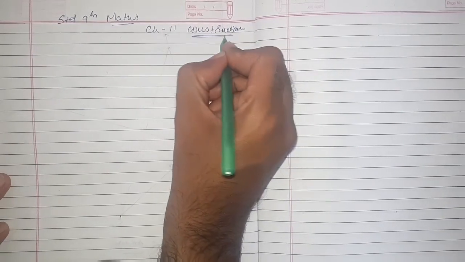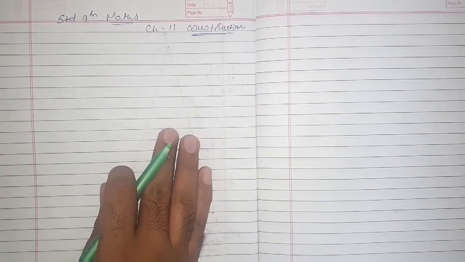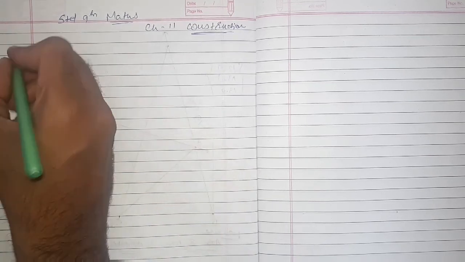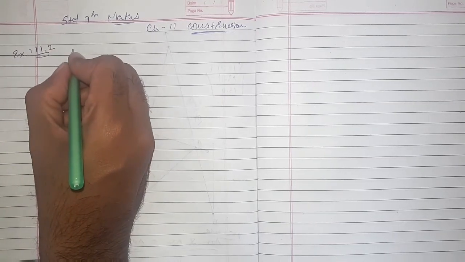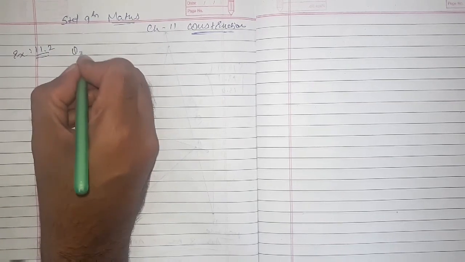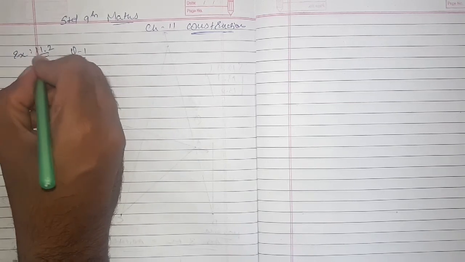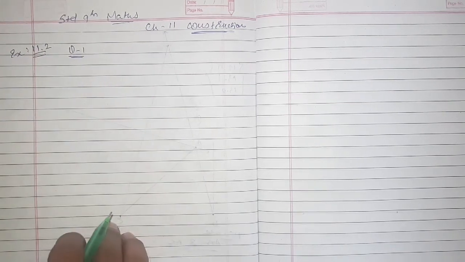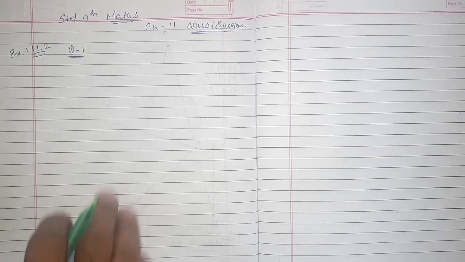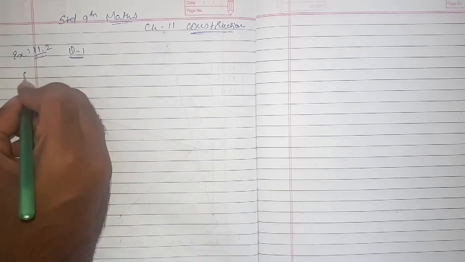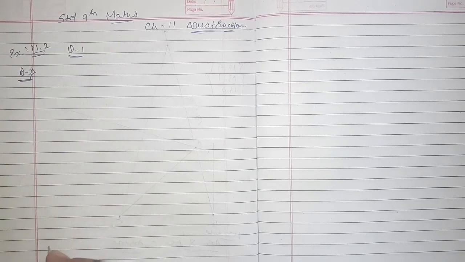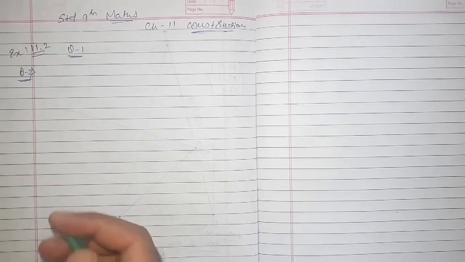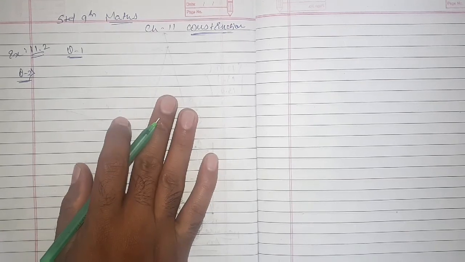From the previous lecture we already saw question number 1 of exercise 11.2. Now we move to question number 2, which is also a type of subtraction.